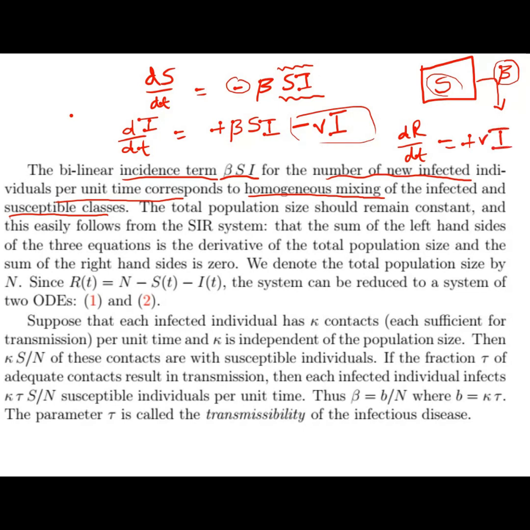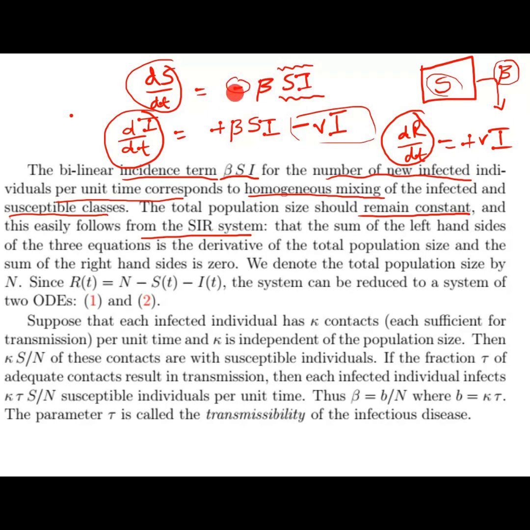So the total population size should remain constant, and this easily follows from the SIR system. In other words, if we add dS/dt plus dI/dt plus dR/dt, let's see what happens.